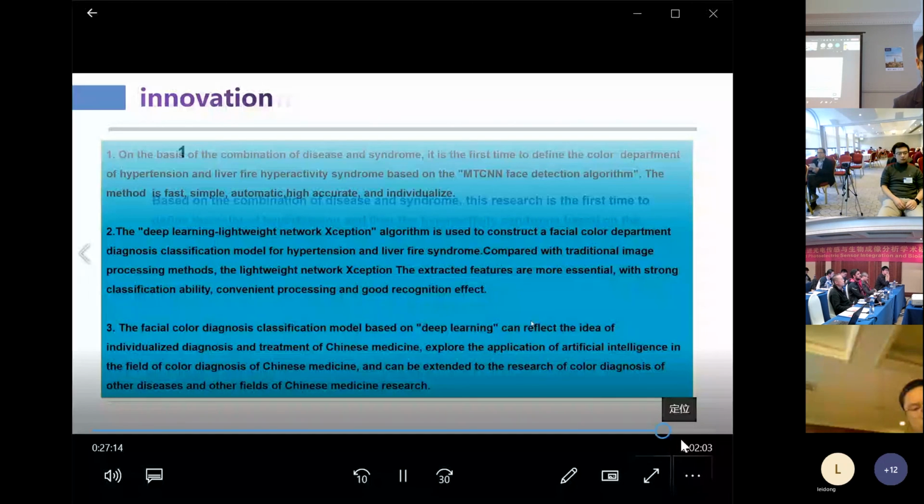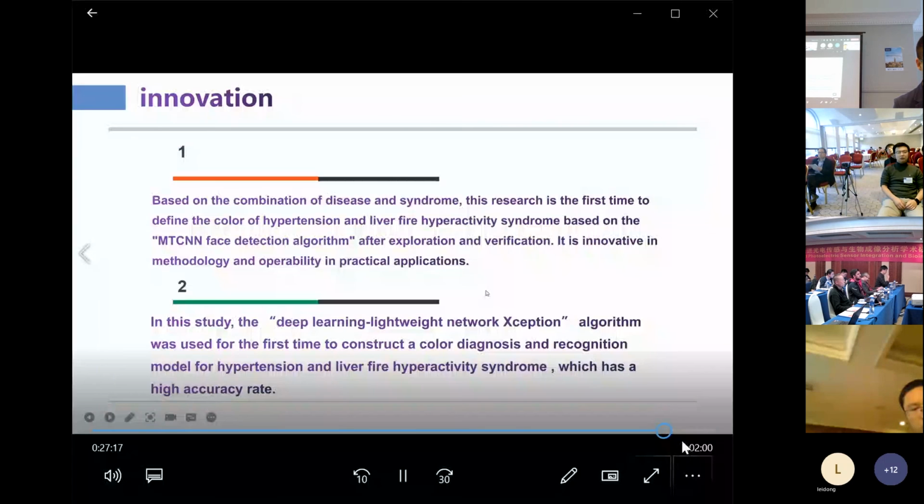Based on the combination of disease and syndrome, this research for the first time defines the color compartment for liver fire hyperactivity syndrome. It is innovative in methodology and operable in practical application.